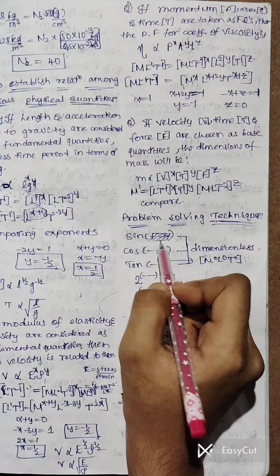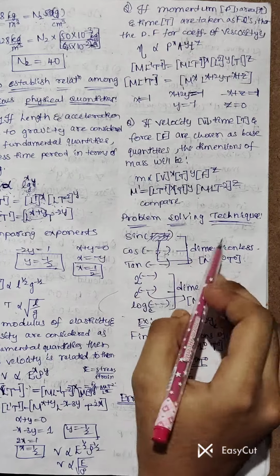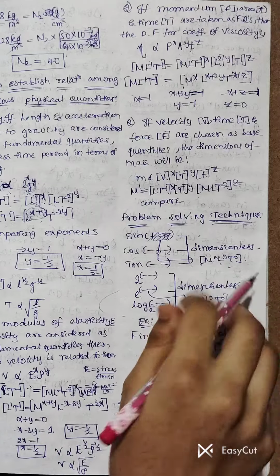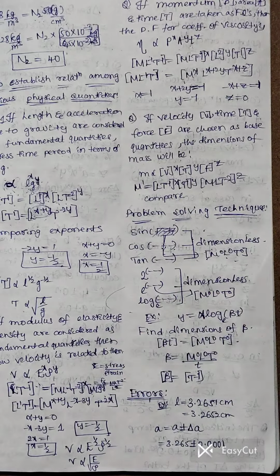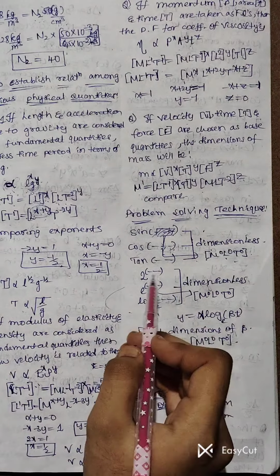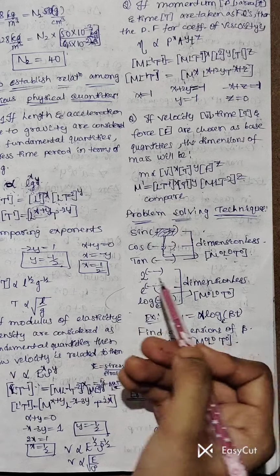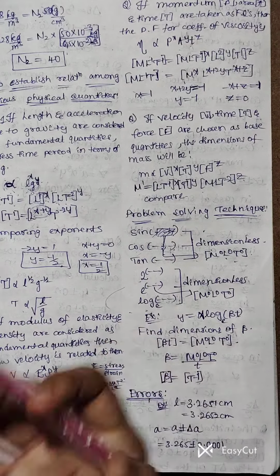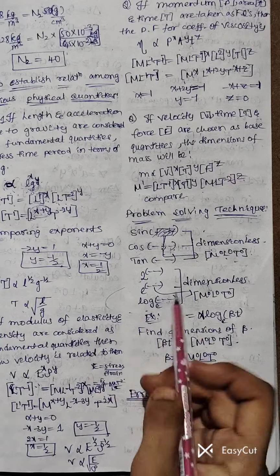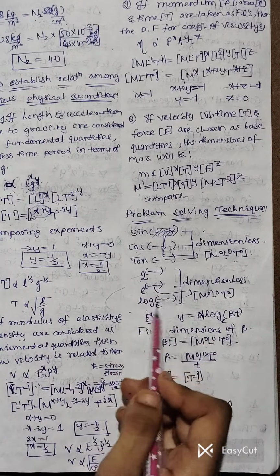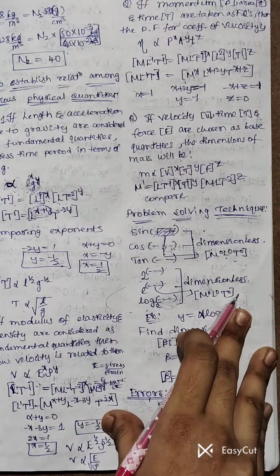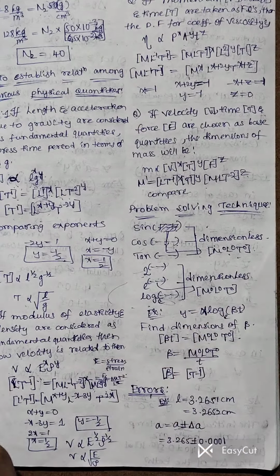And anything which is inside this, we simply write as M power 0, L power 0 and T power 0, as it is dimensionless. And if you have 2 power something, that is constant power something, e power something, log of something to the base e, those are also dimensionless. And that something which is present there is also dimensionless, so we can write it as M power 0, L power 0 and T power 0.